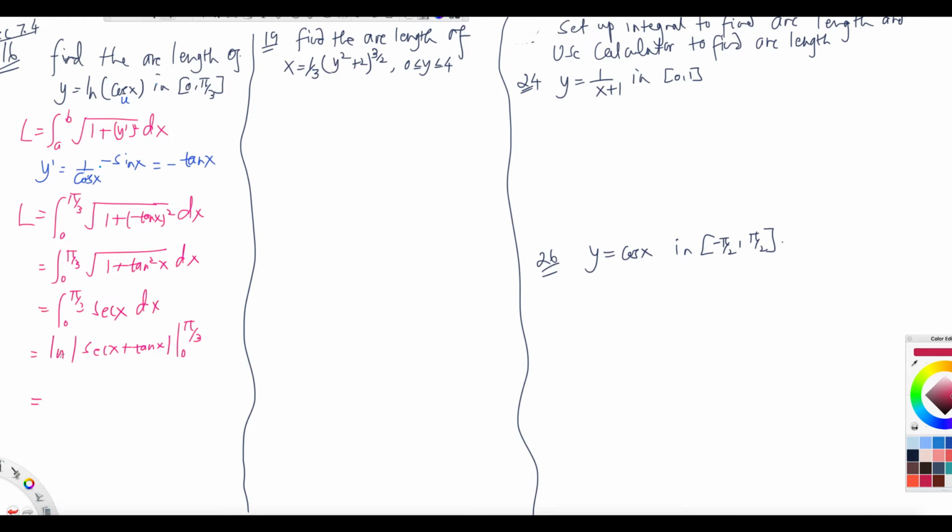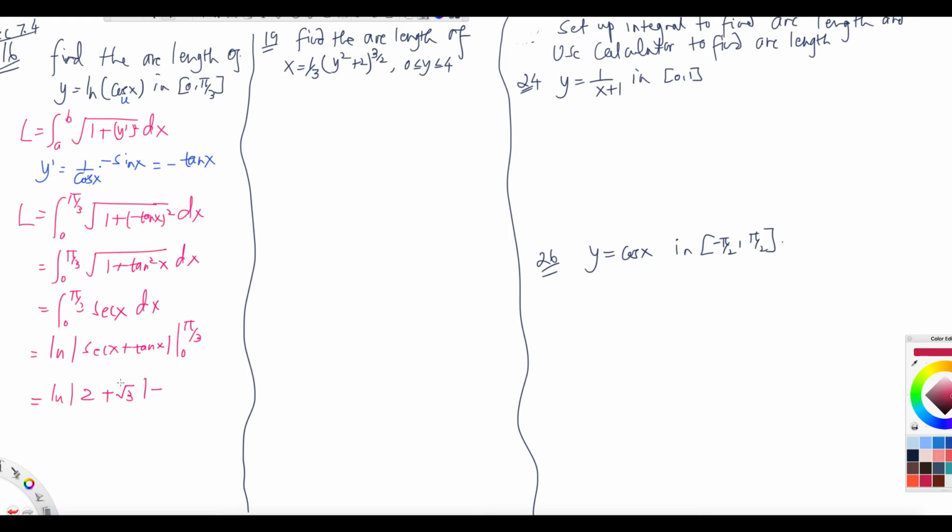That would be natural log of secant pi over 3 plus tangent pi over 3. Secant pi over 3 is 1 over cosine pi over 3. Cosine pi over 3 is 1/2, so that will be 2. Tangent pi over 3 is root 3, right?